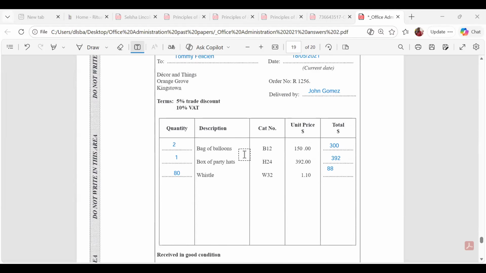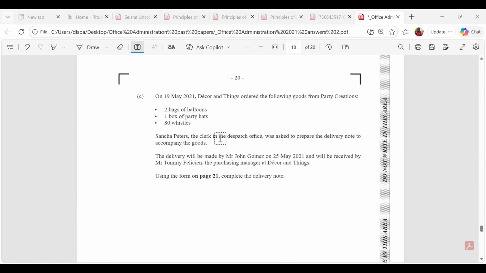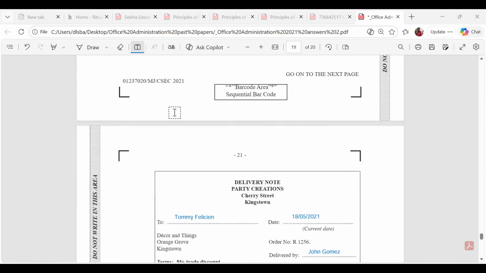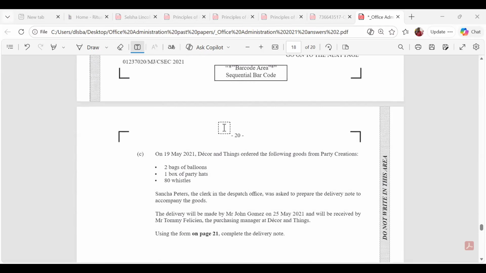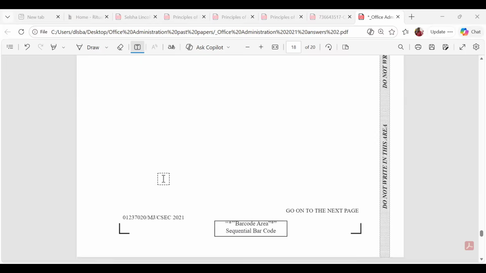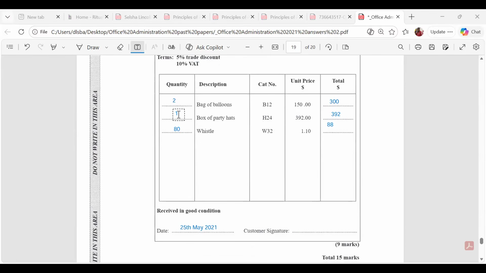Now let's fill in the information about the goods that are being delivered. Bags of balloons. How many bags of balloons? 2 bags of balloons. If the unit price is 150, then 2 bags of balloons will cost 150 by 2, so the total is 300. How many boxes of party hats? 1 box of party hats. 1 costs 392, so the total cost is 392.